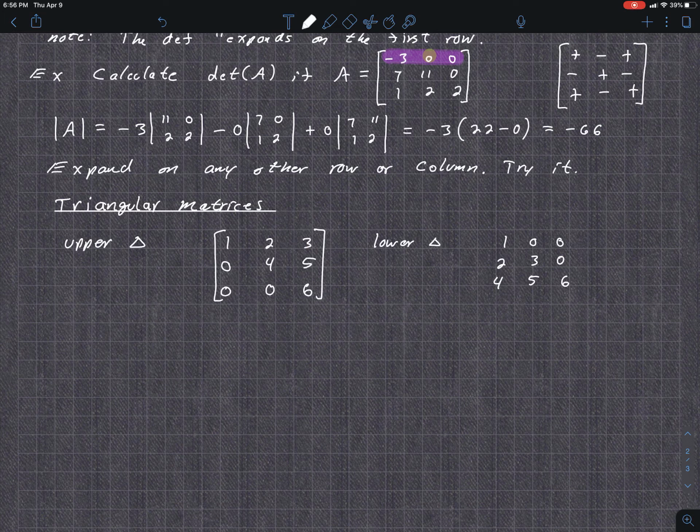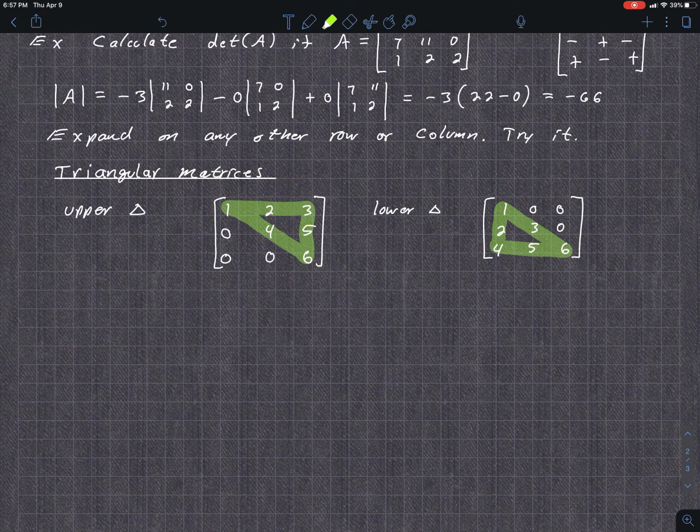This is basically the other way around. 1, 0, 0, 2, 3, 0, 4, 5, 6. So that's lower triangular matrix. And you can kind of guess where that's coming from: upper, this would be lower. There are some specific properties of the determinant we will go over with that one.